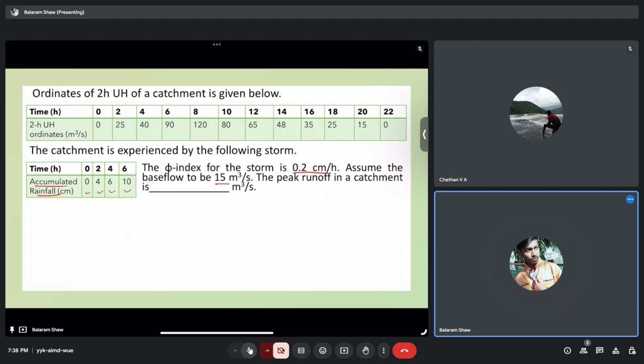Just think how to do it. We'll start, I'll do it after 1 minute.